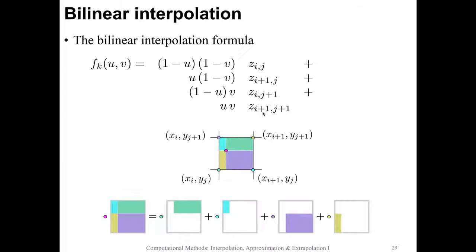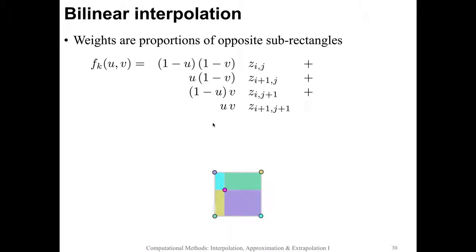So these different weights can be re-expressed in terms of the areas of the rectangles, the sub-rectangles inside our grid cell, inside our grid square. And we'll show that a little bit more clearly here. So here's our grid cell. The pink point represents the point at which we'd like to carry out our interpolation.